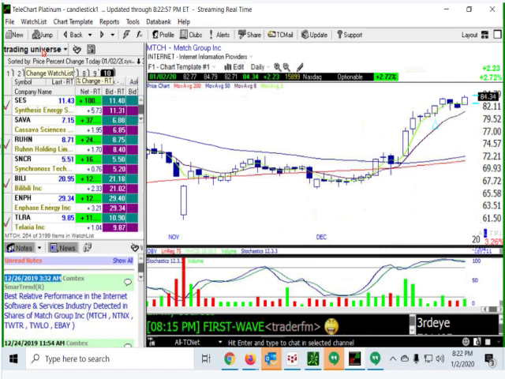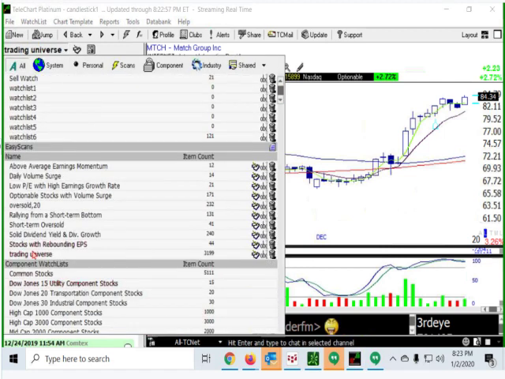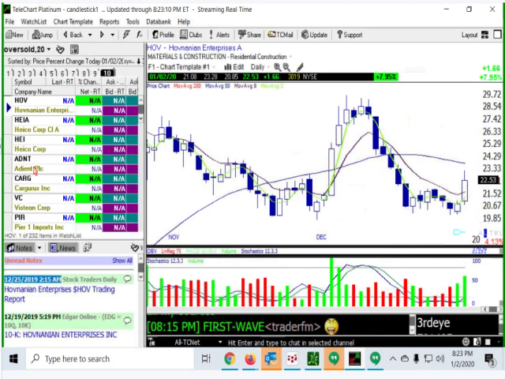Okay, so remember, in this category where we had our trading universe, now we also have an additional criteria with all the stocks that are in the oversold condition. So my trading universe is just all the stocks that I'm looking at. The stocks that are in the oversold condition is my trading universe with the additional criteria that they're below 20.